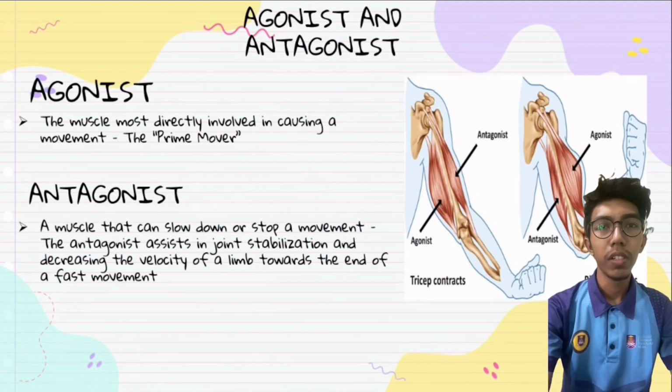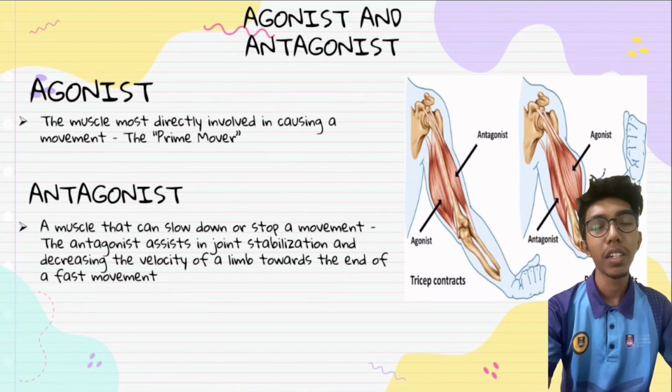First are the agonist and antagonist. The agonist is the muscle most directly involved in causing a movement, which we call the prime mover. The antagonist is a muscle that can slow down or stop a movement. The antagonist assists in joint stabilization and decreasing the velocity of a limb towards the end of a fast movement.